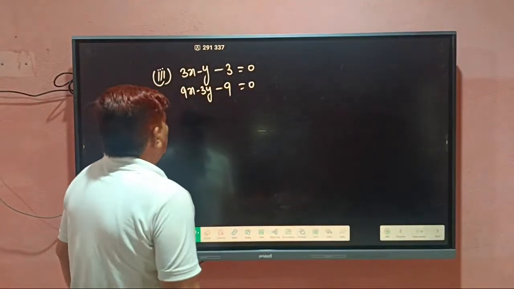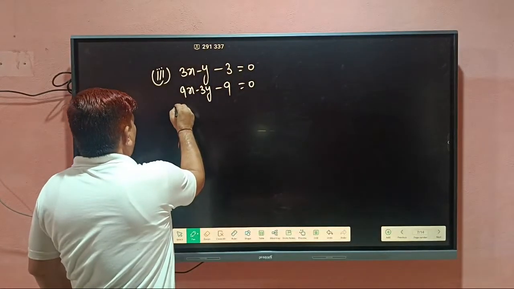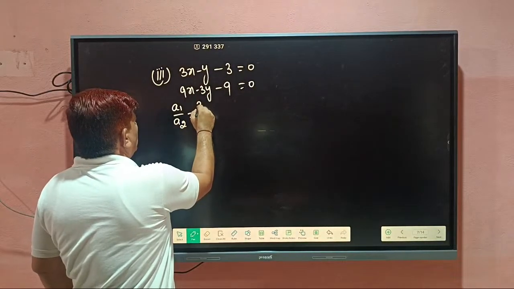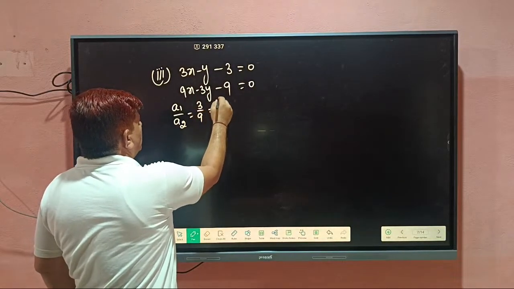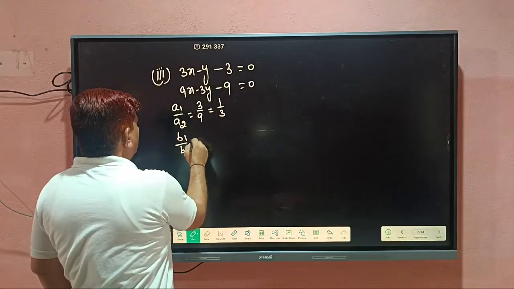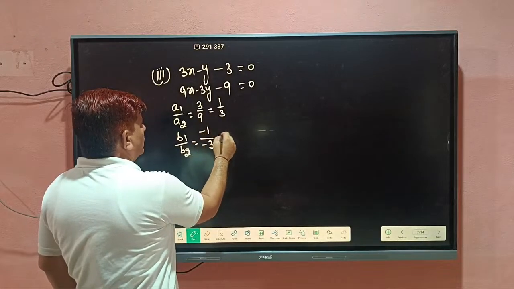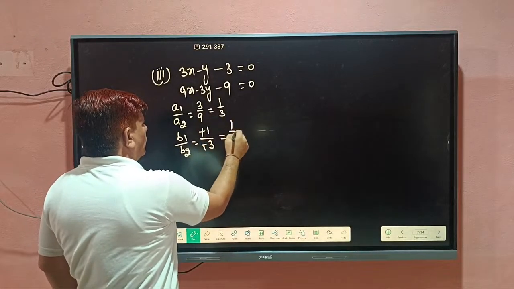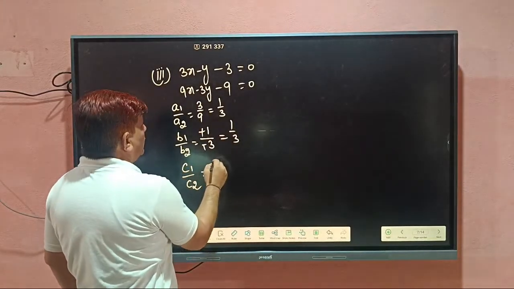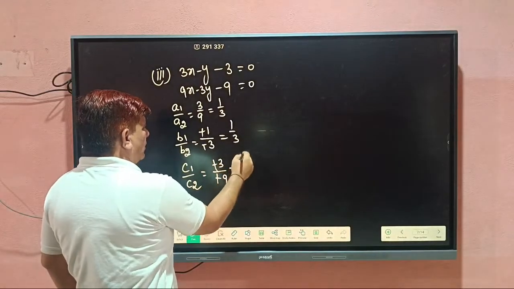So what you can do? You have to find out a1 by a2: 3 by 9 is equal to 1 by 3. b1 by b2: minus 1 by minus 3, which is equal to 1 by 3. c1 by c2: minus 3 by minus 9, cancel, 1 by 3.